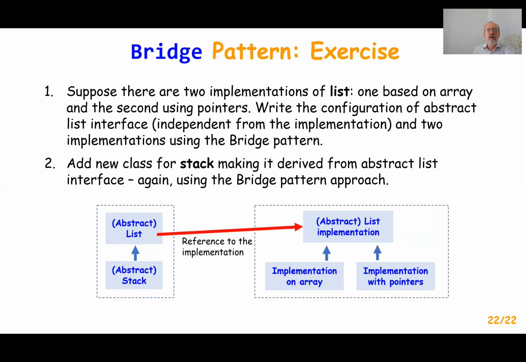And the next point in this exercise is to add a new class derived from the list, that is stack. And again, build this hierarchy using the bridge pattern approach. So this is an interesting, but a little bit funny and artificial example for your home thinking.